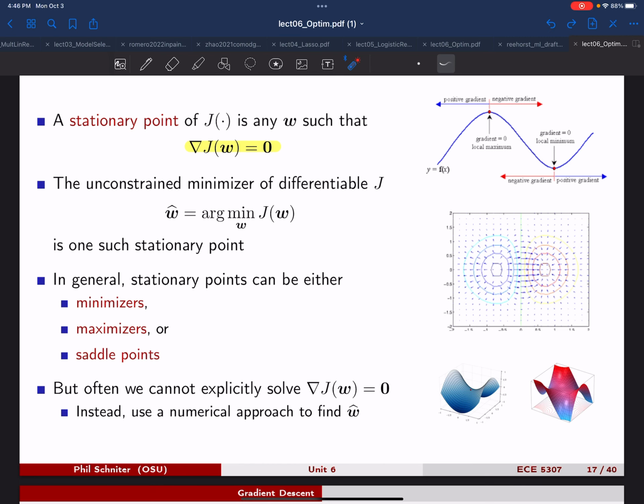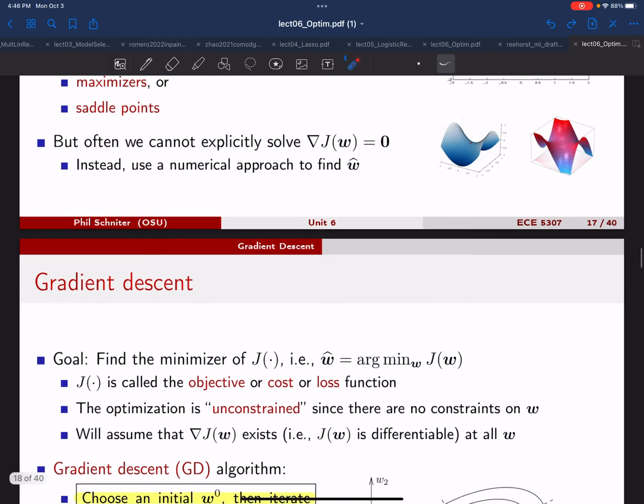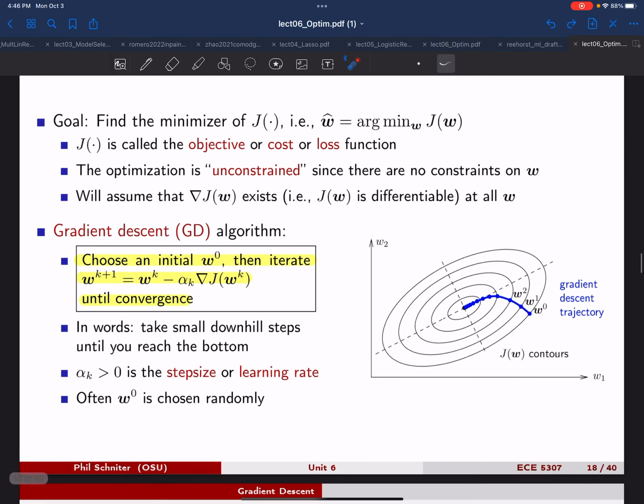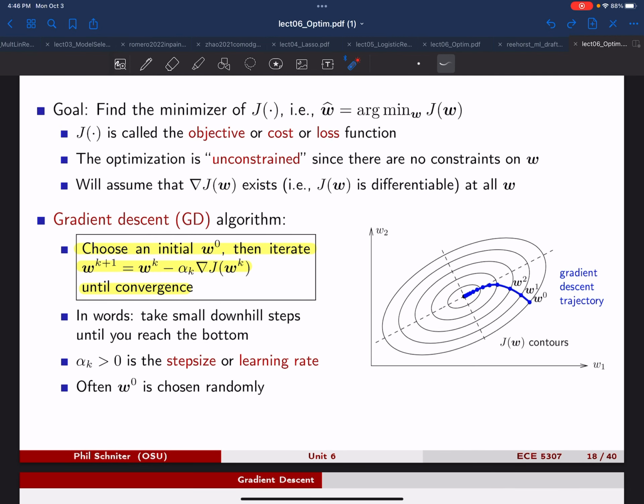But those are definitely issues with this approach. One of the ways that we can feel better about this is if we have what's called a convex cost function, then we don't run into this problem. Essentially, all the local minima are going to be global minima. There may be more than one, but they're all equally good. We'll also talk about that a little bit later.